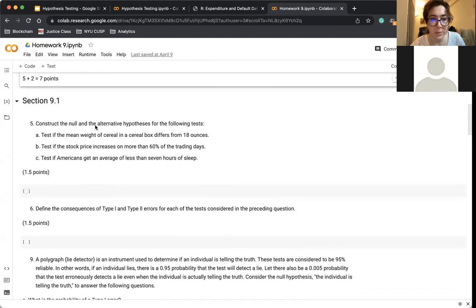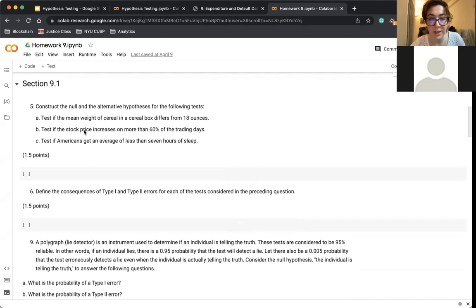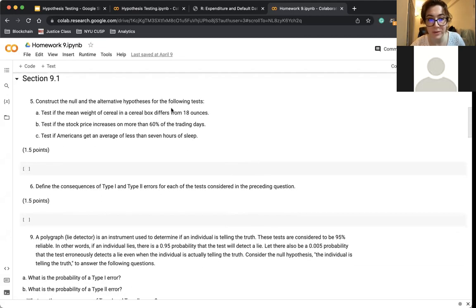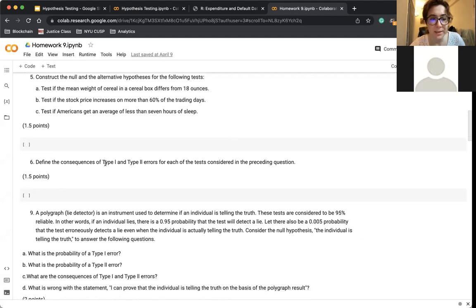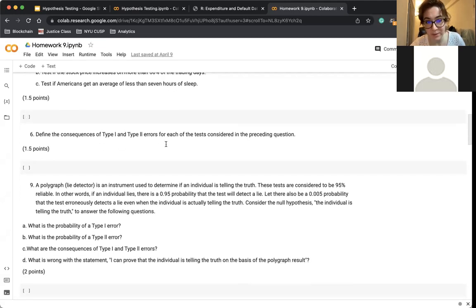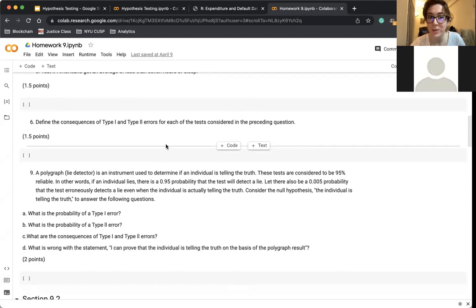So a lot of it will just be constructing the null and alternative hypothesis from different scenarios. And this will be around, you know, should you use a 2-tailed or 1-tailed test, defining consequences of the type 1 and type 2 errors that we talked about. So that's the probability of a false positive and a false negative.